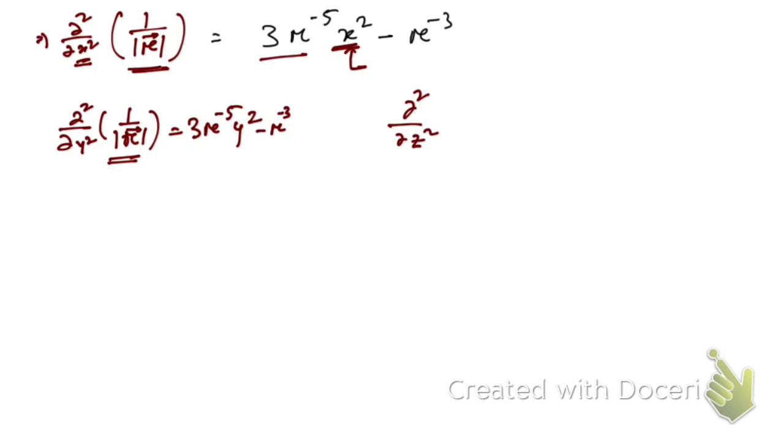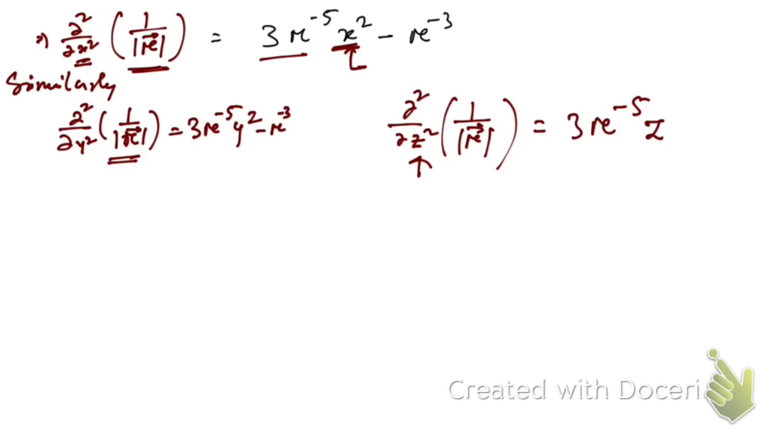You don't need to show all this, you can just write the result by observing the pattern of the result for 1 by mod of r. So here we have z, so now we have 3 r to the power minus 5 times z square minus r to the power minus 3, right? Hope you have understood this.